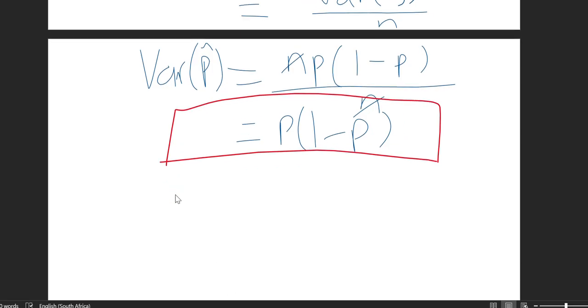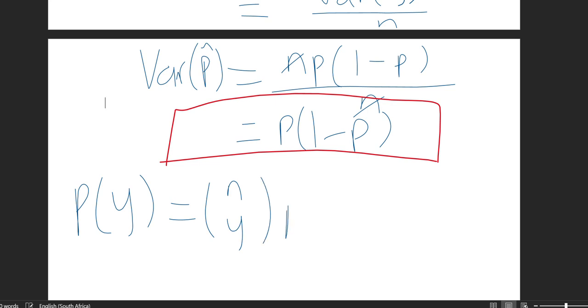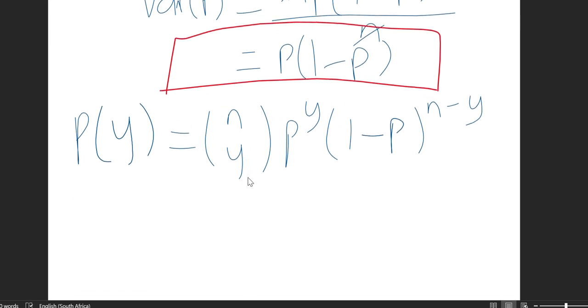So we take one y, which is n choose y, p raised to the exponent y, times 1 minus p raised to the exponent n minus y. This is the probability mass function of the binomial distribution.